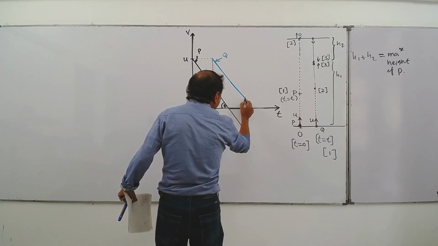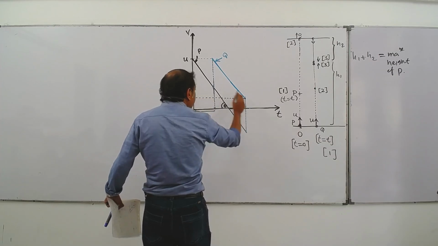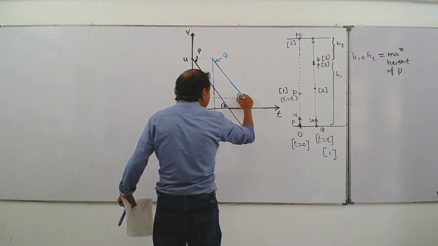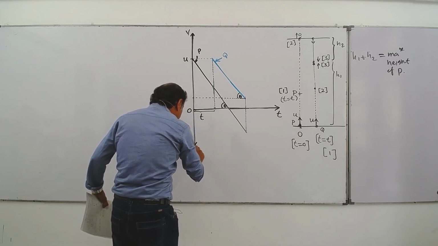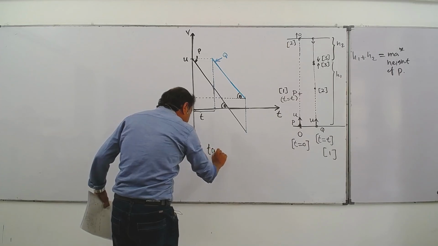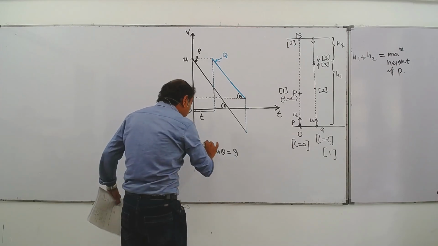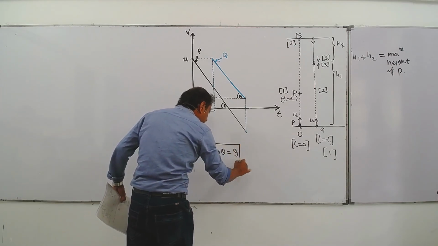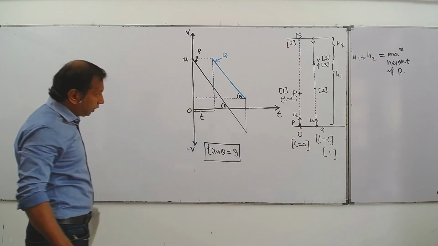The same angle here we should have, because Q also moving under gravity, therefore tan theta should be G. Right? Okay. Then upwards motion, it is a retardation. Downward motion of P, it is an acceleration. Okay.